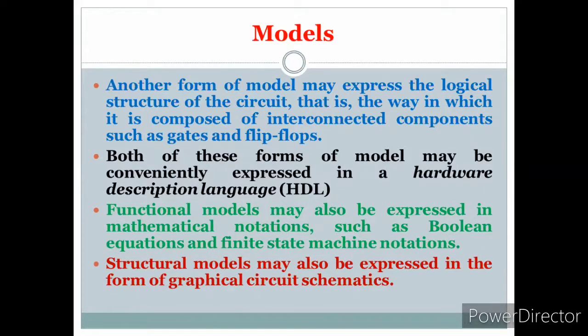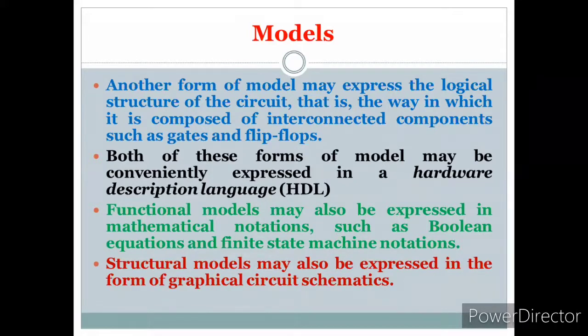Okay, so another form of a model may express the logical structures, as opposed to functional verification. Now if you observe here, it's the logical structures. So when I'm worried about logical structures, whatever available models there are, I need to use them, interconnect them and design the new model.